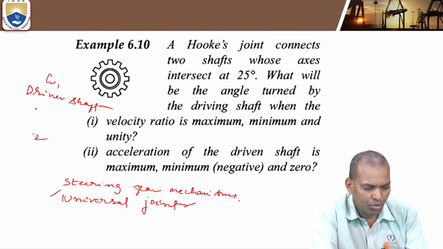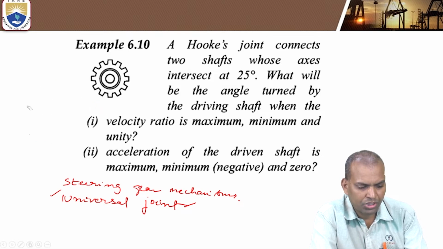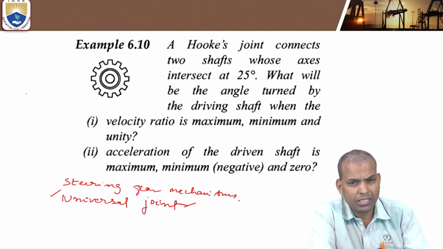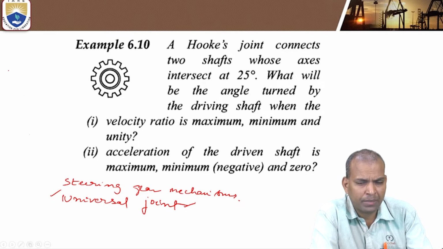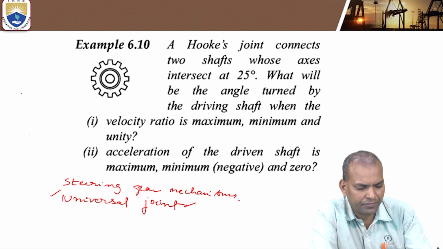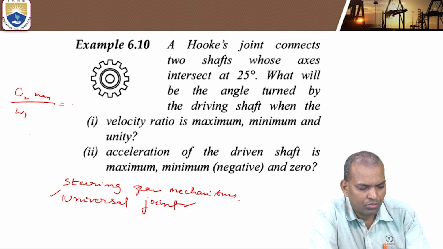The maximum angular velocity ratio, or the maximum speed of the driven shaft, is omega 2 maximum by omega 1 equal to 1 by cos alpha.